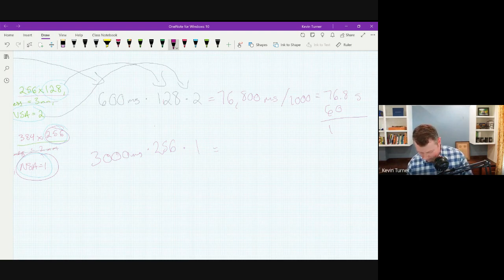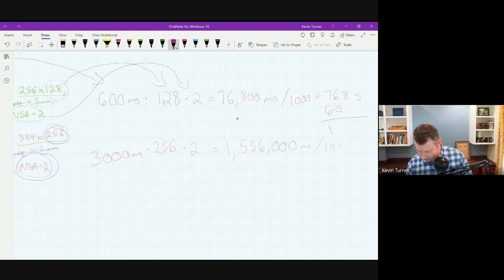we end up with, I'm going to change this just so it's not the exact same answer that was in the slides. We'll just change it to 2 NSA. 3,000 times 256 times 2 equals 1,536,000 milliseconds.